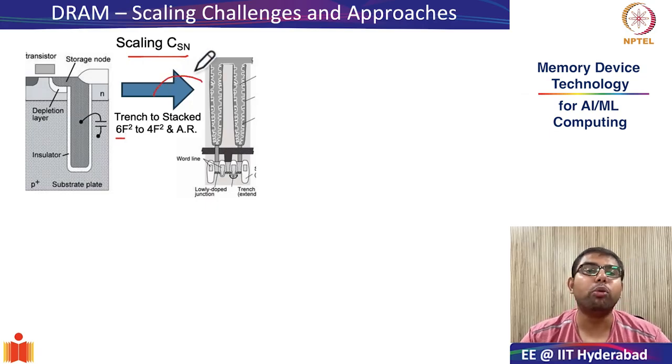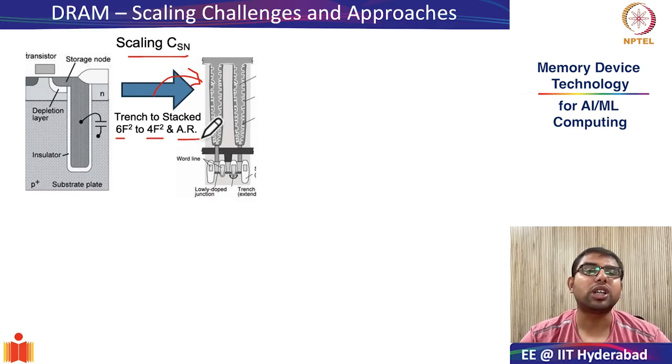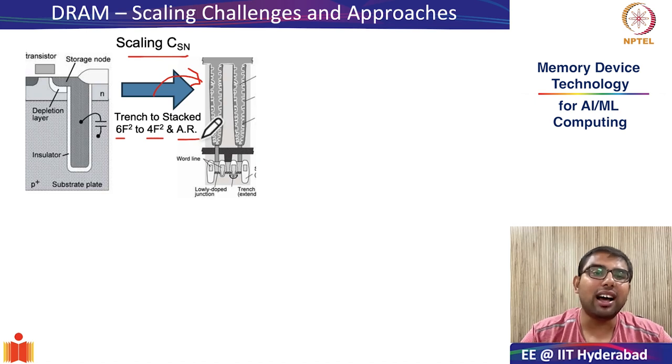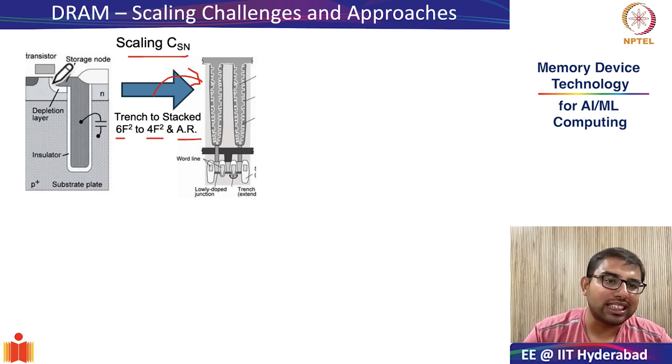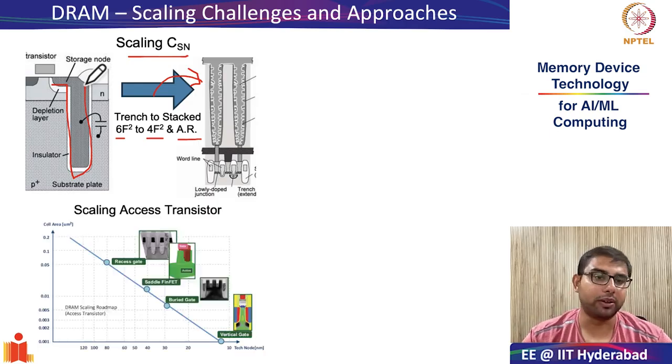Recently, we have moved to the stacked capacitor, which has an area scalability of 4F squared and much larger aspect ratio. So, larger aspect ratios are very important in making sure that the area of the capacitor is increased. Remember, we had all these very strange looking high aspect ratio structures because you wanted to have more surface area in a small footprint.